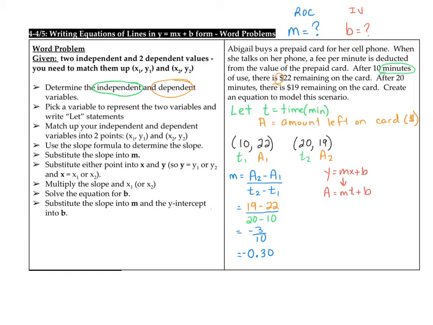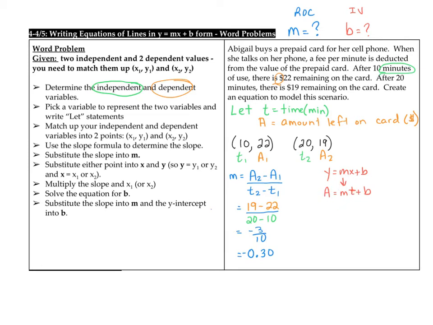So you'll find even in your homework the equations aren't written as y equals mx plus b using y and x. They're in that format, but the y is some other letter and the x is some other letter, because it depends on which letters are being used. So it's still in the y equals mx plus b format, but just with different letters.